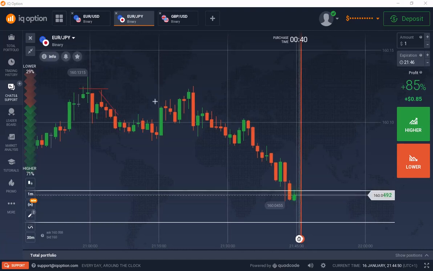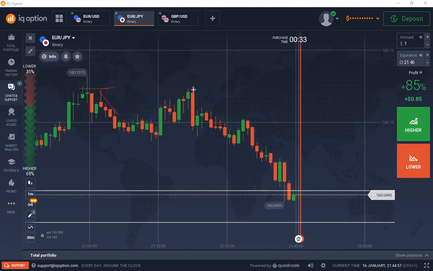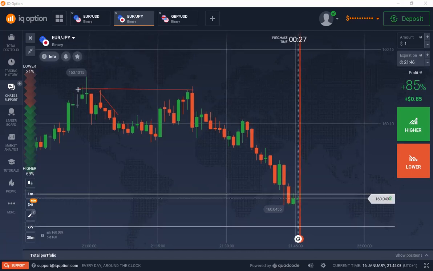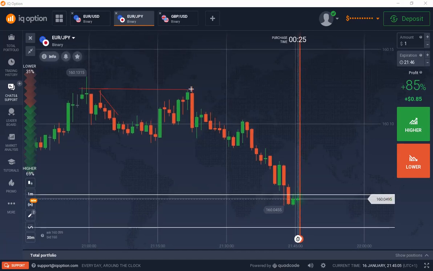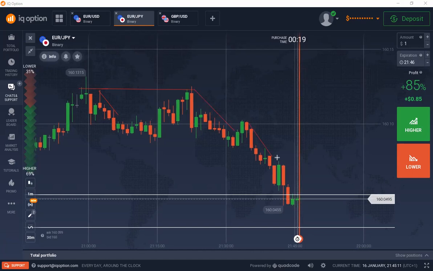If you draw a line and extend it to the right side, you will notice that the same level is respected as resistance, so it allowed the price to go down. So there is some resistance around this area.